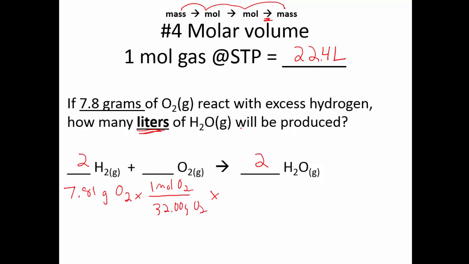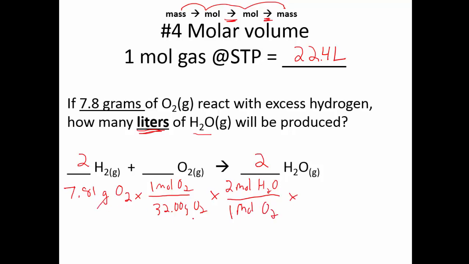Once we're in moles, we can do our mole to mole ratio using the balanced chemical equation. We want to go to H2O, so 2 moles of H2O over, starting out, 1 mole of oxygen.